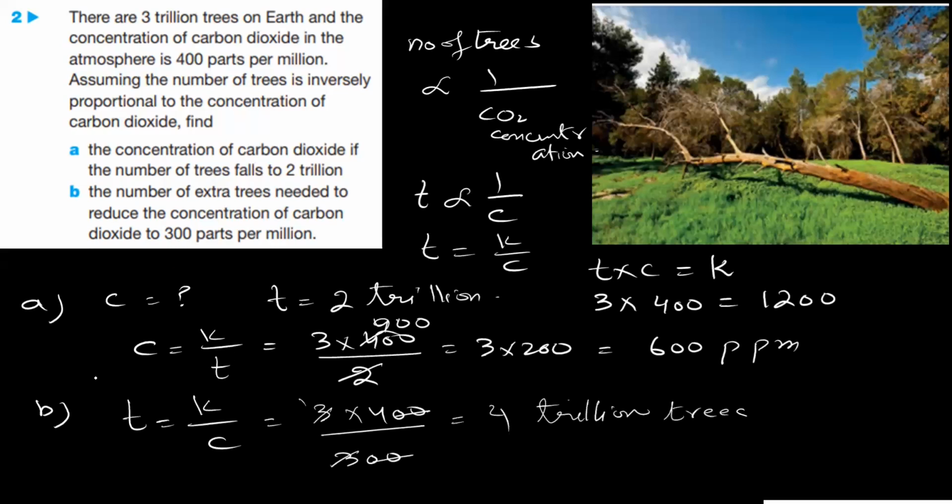But we already have 3 trillion. So the extra number of trees needed equals 4 minus 3, equal to 1 trillion trees. Okay, this is the answer for question 2, B part.